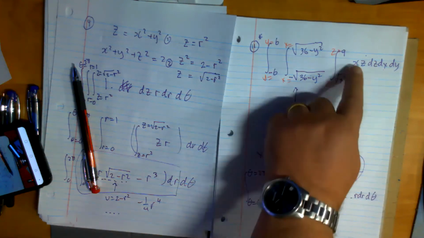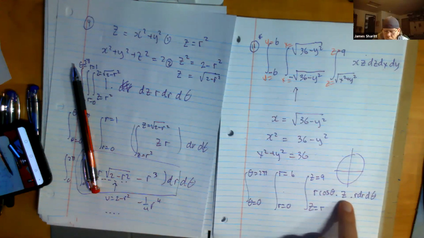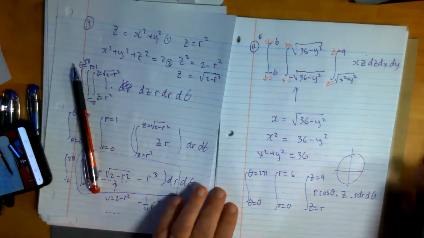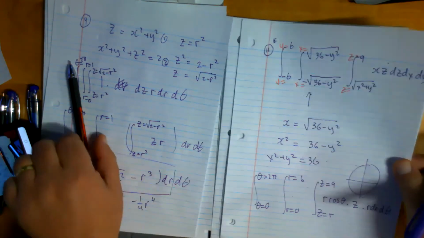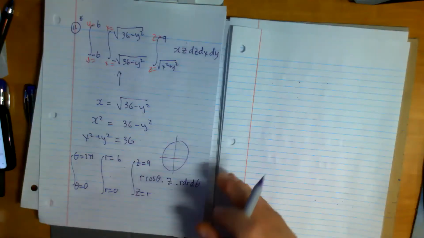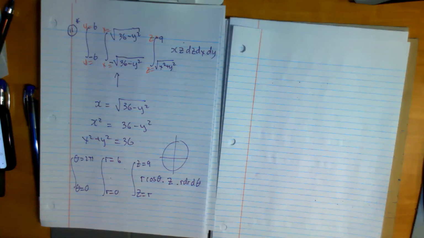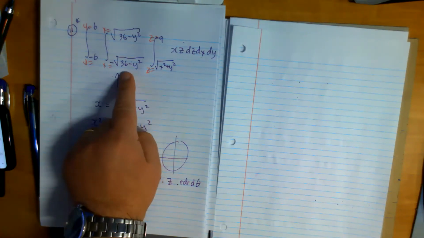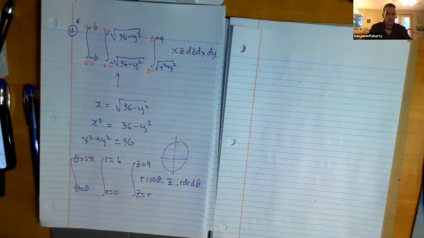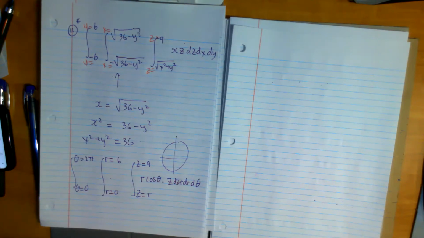Are you happy about the xz becoming this mess? Is there anything in what I have just done that you're not sure where it came from? Don't you need a dz? Oh yes, yes, I do. Apart from the fact I left that out, we good?